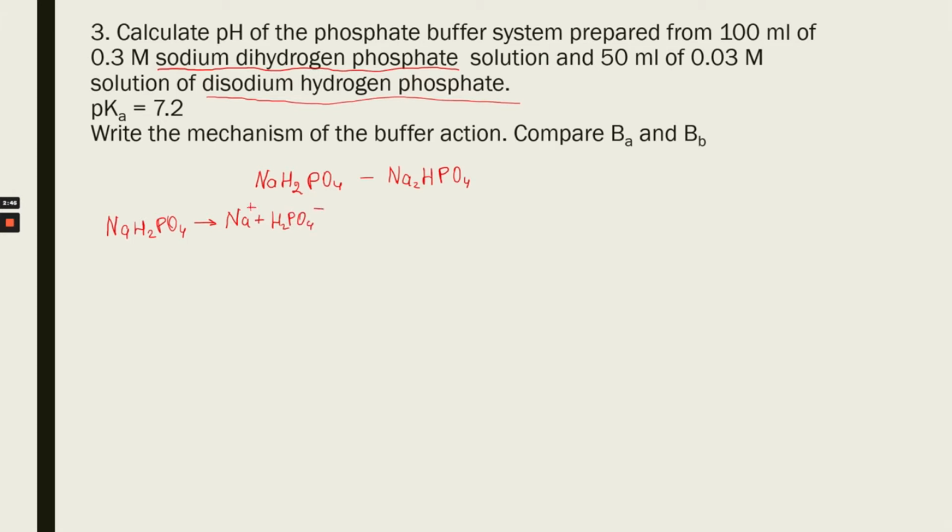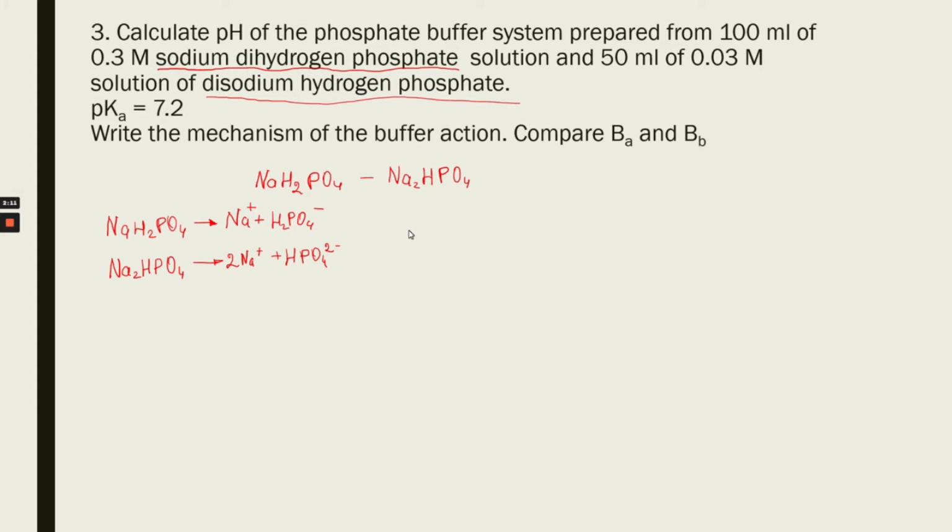So this is full dissociation, so there is one arrow. Another component, disodium hydrogen phosphate, is also a strong electrolyte, and it also dissociates fully to sodium ions plus HPO4 2 minus.